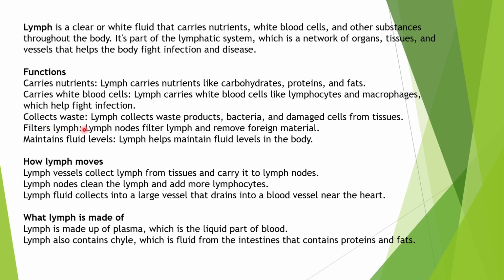Not only does it provide nutrients and nourishment and the immune cells, but it also collects the waste once your pathogens or antigens are inactivated, whatever damaged cells and debris are present in your body. All this is also collected via your lymph. So your lymphatic system also helps in excretion of all these.